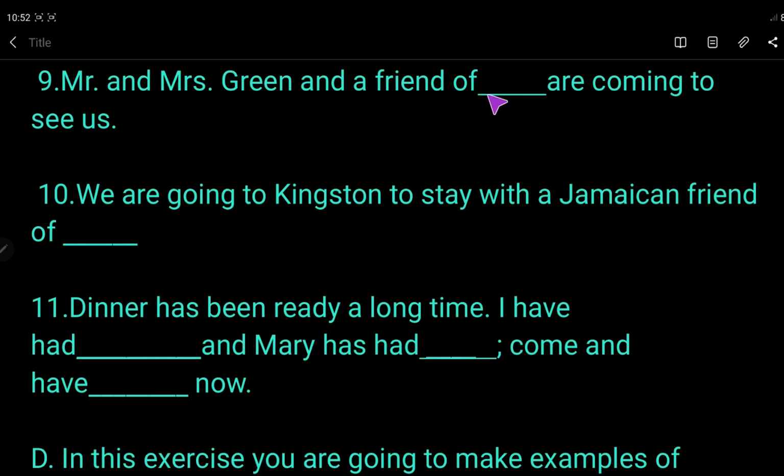"They" is not a possessive pronoun; its possessive pronoun is "theirs." "We are going to Kingston to stay with a Jamaican friend of ___." There is no noun, so we will use a possessive pronoun: "friend of ours."